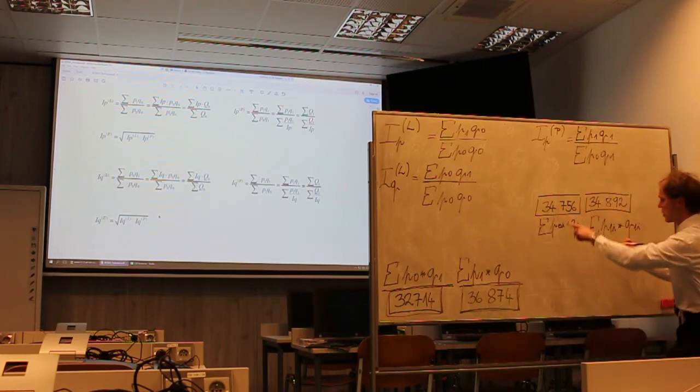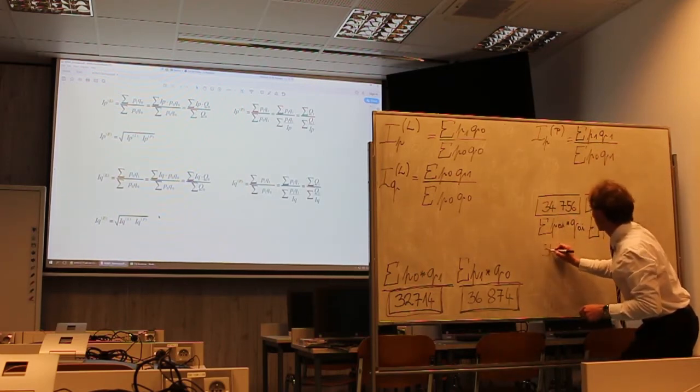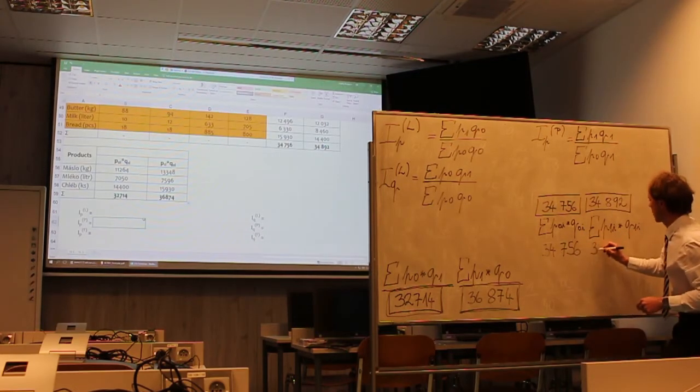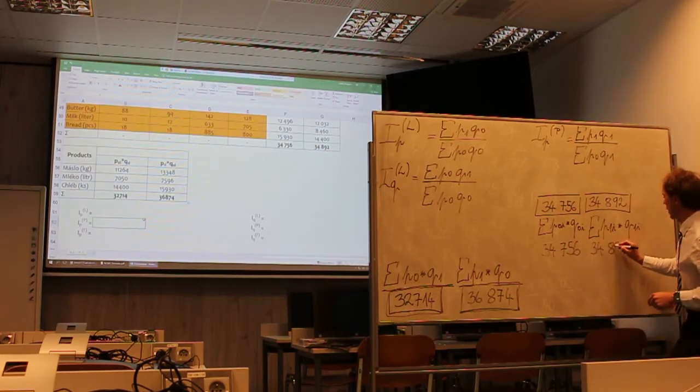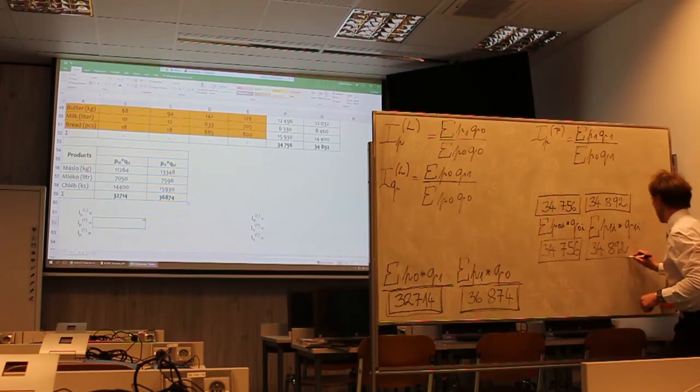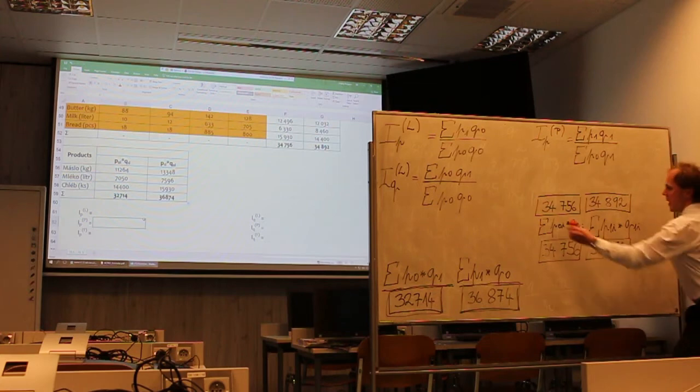Okay, I will rewrite these values here, 34,756 and 34,892, because I need space here.